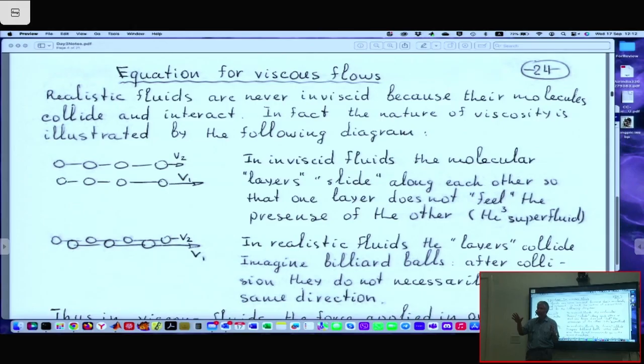So friction force applied to a surface area will be distributed over that area, and each unit element of that area will feel this stress. Okay?